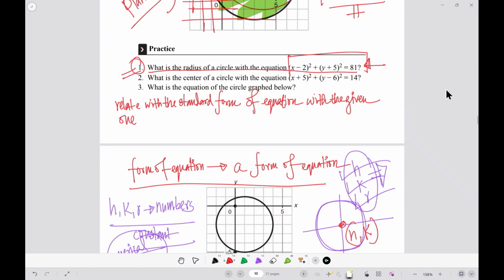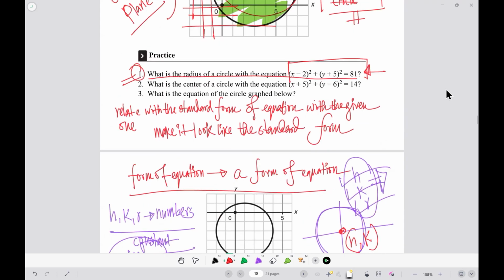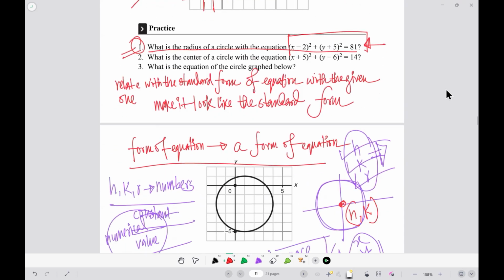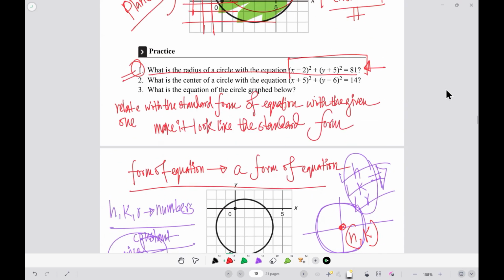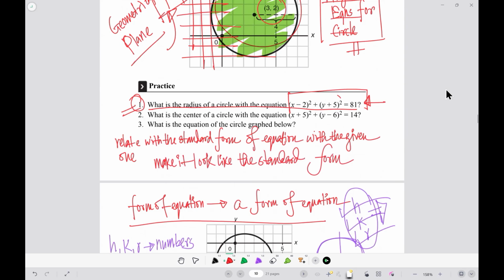Compare them and make it look like the standard form. So what does that mean? It means that this 5 has a positive sign and this 2 has a negative sign.